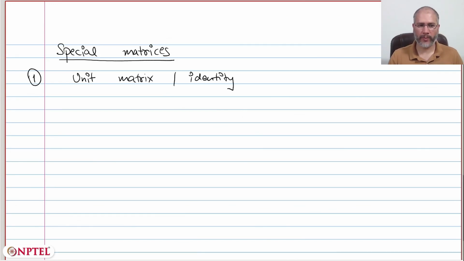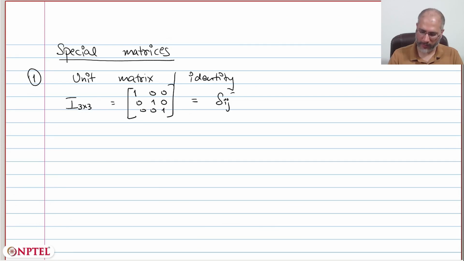A unit matrix, which is written as I, which stands for identity. Sometimes we also write a 3 by 3 to denote it's a 3 by 3 matrix. It's given as 1 0 0, 0 1 0 and 0 0 1, which, as we already know, can also be written as delta ij.